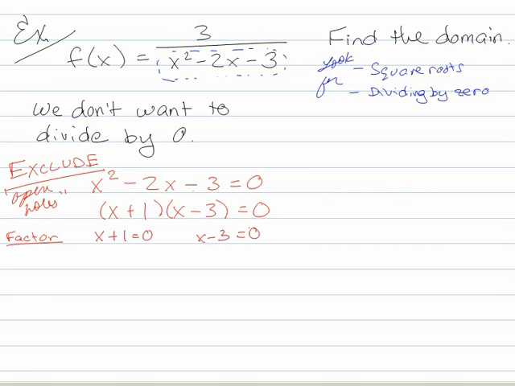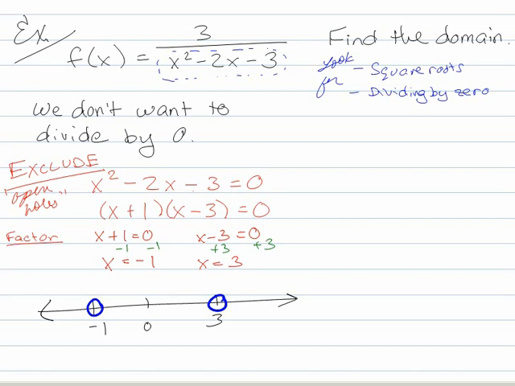You can always go back and review the lectures if you're a little clumsy at this. There's no harm in it whatsoever. So x equals -1 and x equals 3. So we want to exclude those points on our number line. So here at 3 and -1, we're going to do open circles.